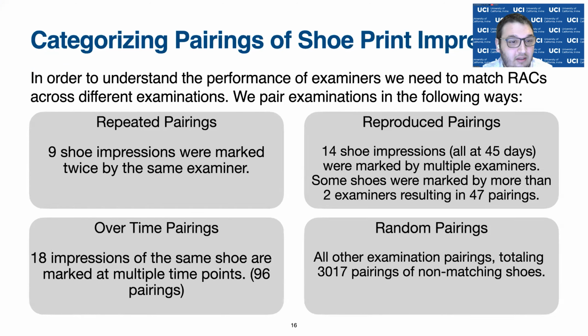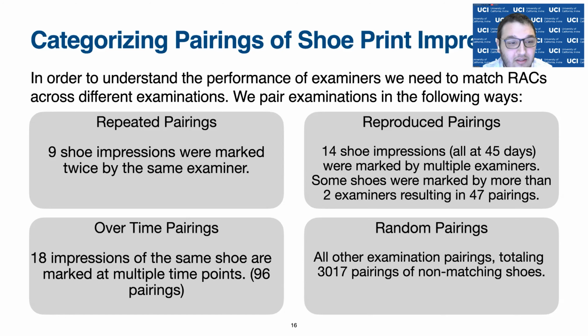Like I was saying, we have different pairings of shoe impressions. A pairing in this case is any 2 impressions: impression A done by some examiner and impression B examined by another examiner or the same examiner.